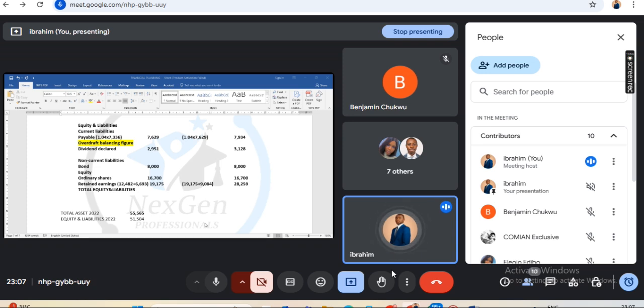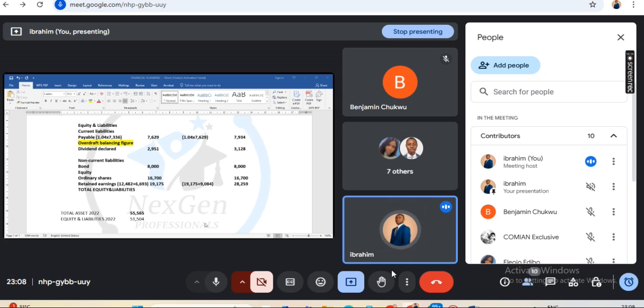Now, what does that indicate? That is the question. It indicates that Color PLC has been financing its assets with your equity and as well as what? Liability. Where did they get the money from? It is an overdraft. Don't forget the objective.